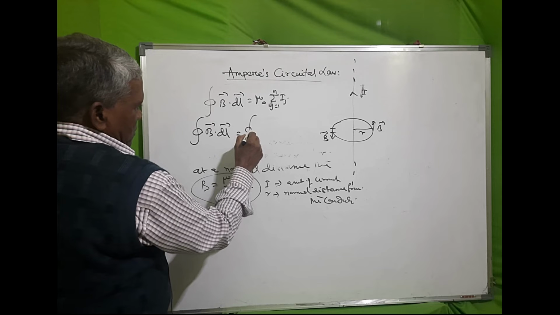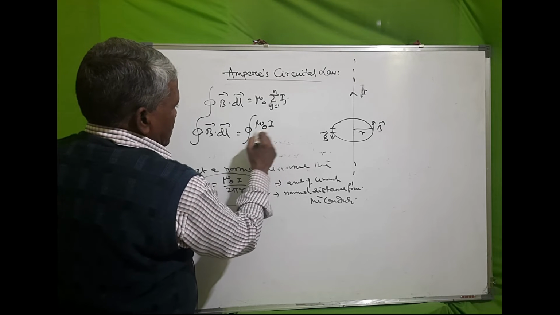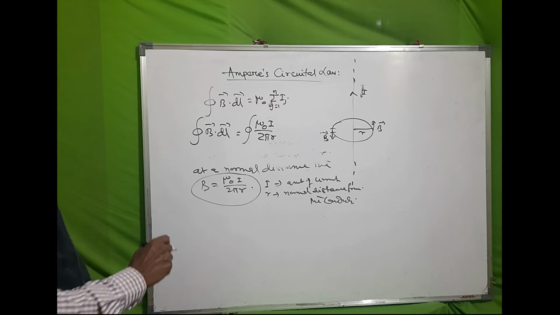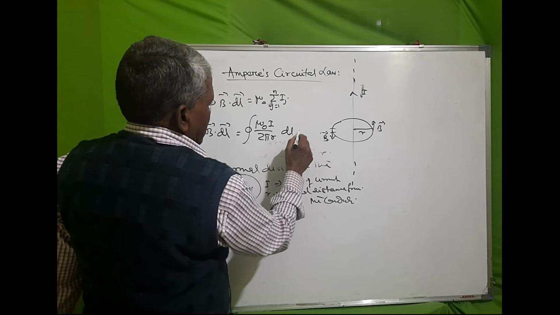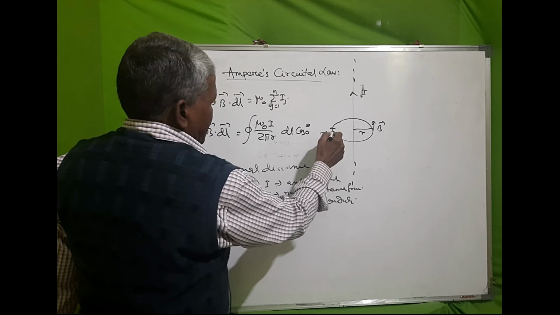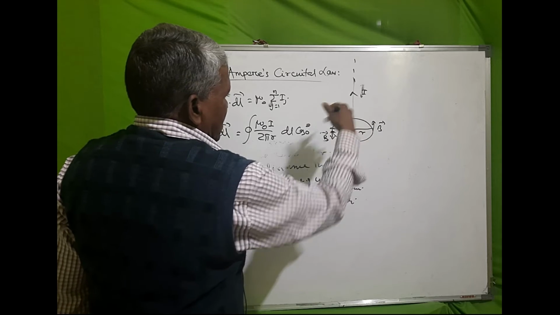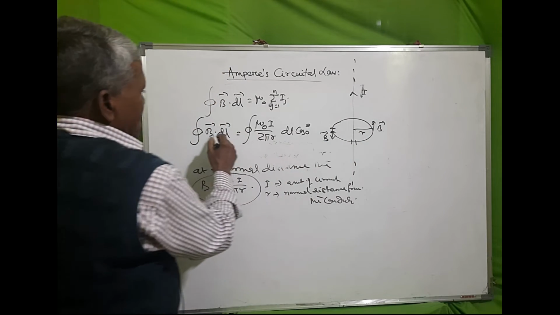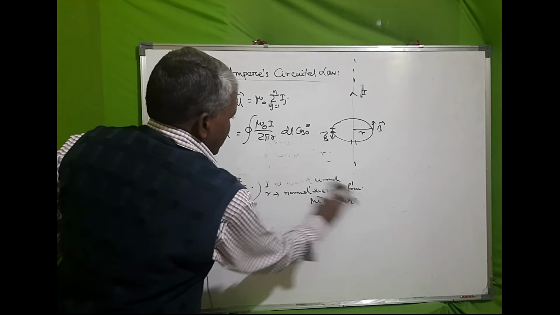Here B is equal to mu 0 I by 2 pi r according to Biot-Savart's law, and dl cos 0, because for any element at any point, since magnetic lines of force are anti-clockwise, the angle between the magnetic field and the elementary length is always 0.